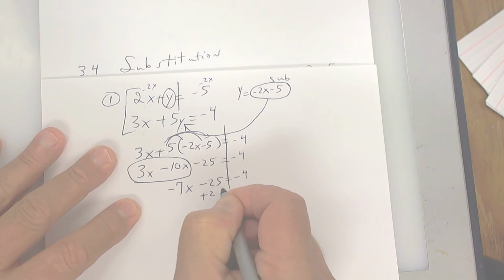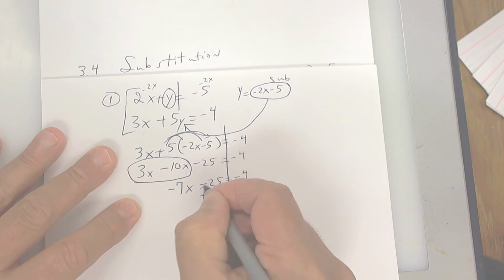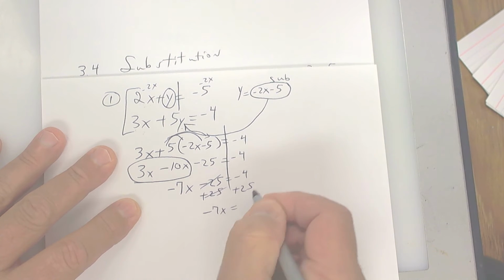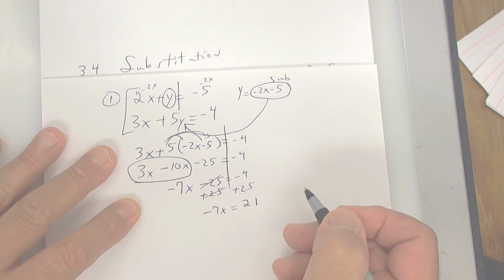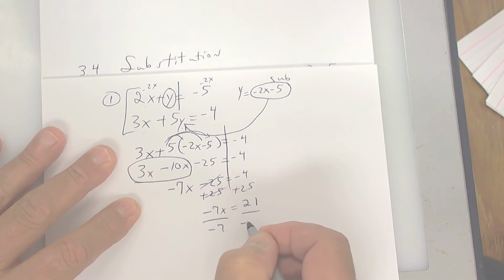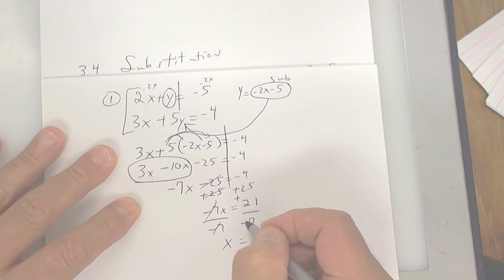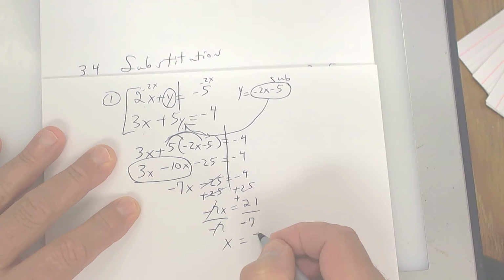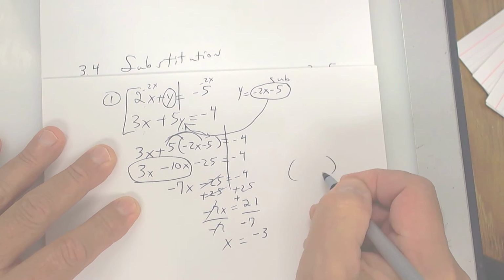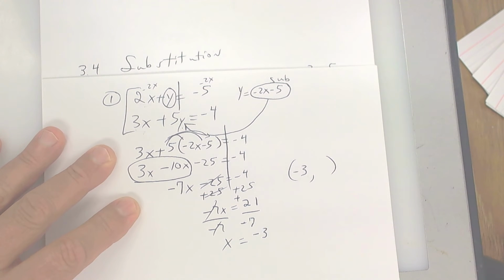Now I'm going to add 25 to both sides. So I get negative 7x equals 21. And then I'm going to divide by negative 7. So one negative, and positive divided by negative, that's one negative, so it's going to be a negative 3. So x is going to be a negative 3.